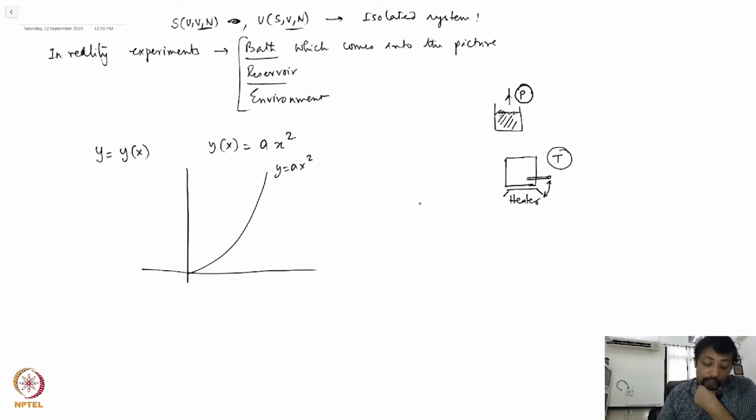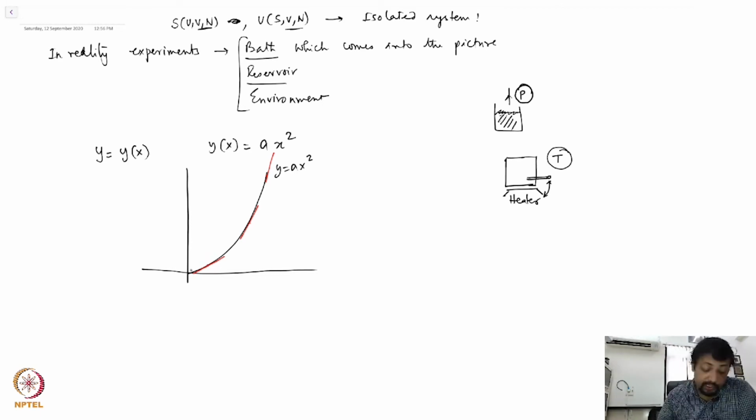But alternatively, what I can do here is specify the tangents. So this is my tangent at this point, this is a tangent at this point, and this is a tangent at this point. The question is, can I reconstruct the function from these tangents?